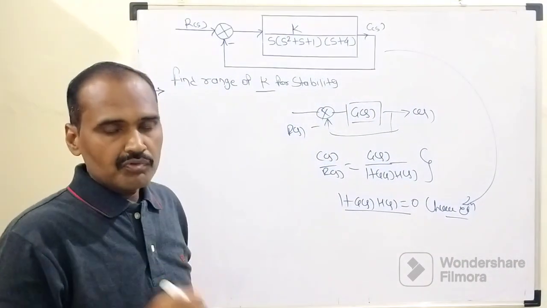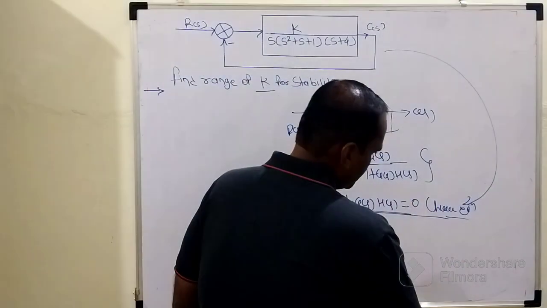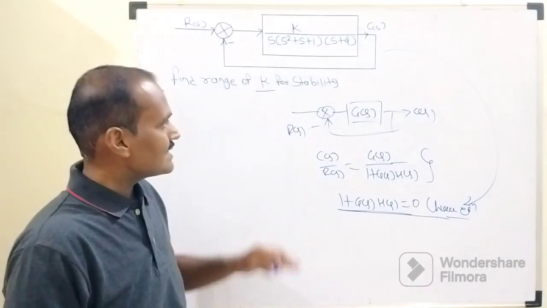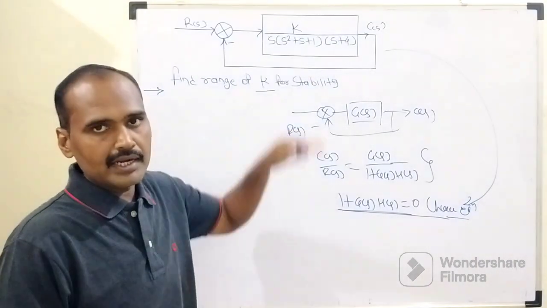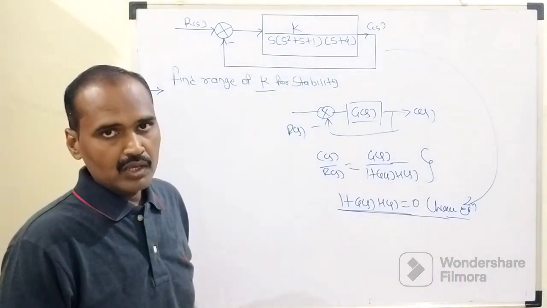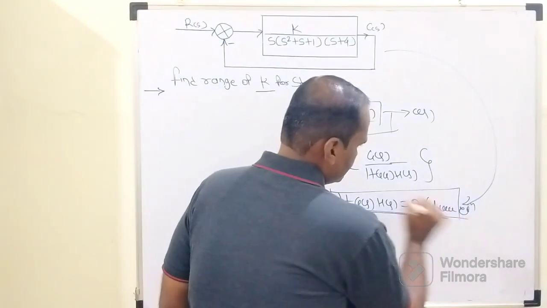So first of all, we are supposed to declare the characteristic equation of the given control system, whose forward path gain is K divided by this whole term, right?